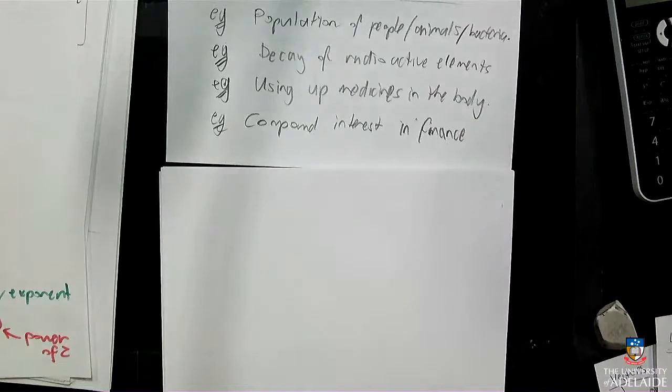So one of these examples in particular is called the logistic model, which is a model of how populations grow when there is a limit to how far they can grow.